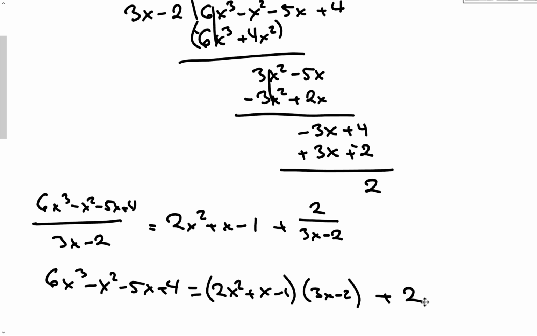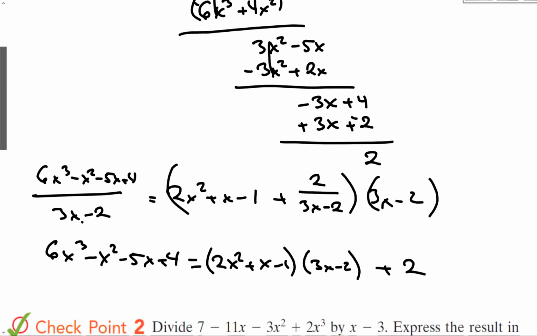What that says is that my polynomial is equal to my quotient times my divisor, plus the leftover remainder. And that illustrates the division algorithm. We'll look at that in a second.